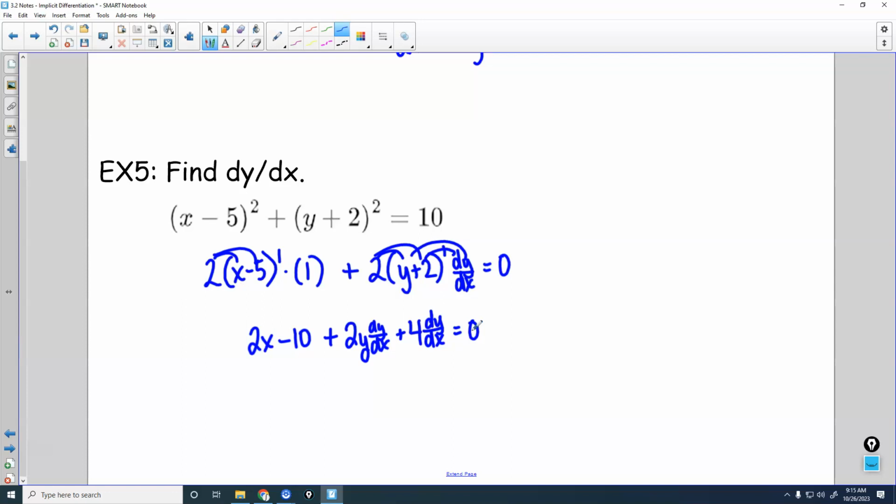So I want to take these 2 pieces and move them over to this side. I'm going to go ahead in this step and factor out that dy/dx also.